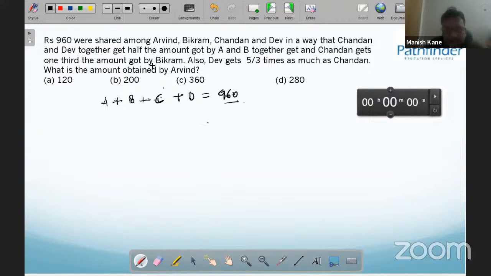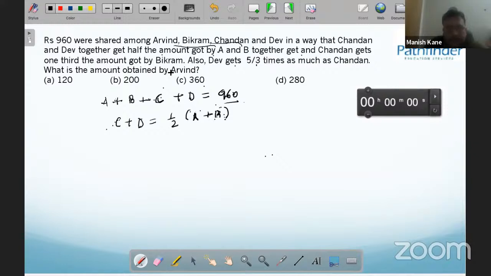Then the next information given to you is Chandan and Dev get half the amount of A and B. So A and B basically is nothing but Arvind and Bikram. So Chandan and Dev must get half the amount of A and B. So half of A and B, correct? What else?